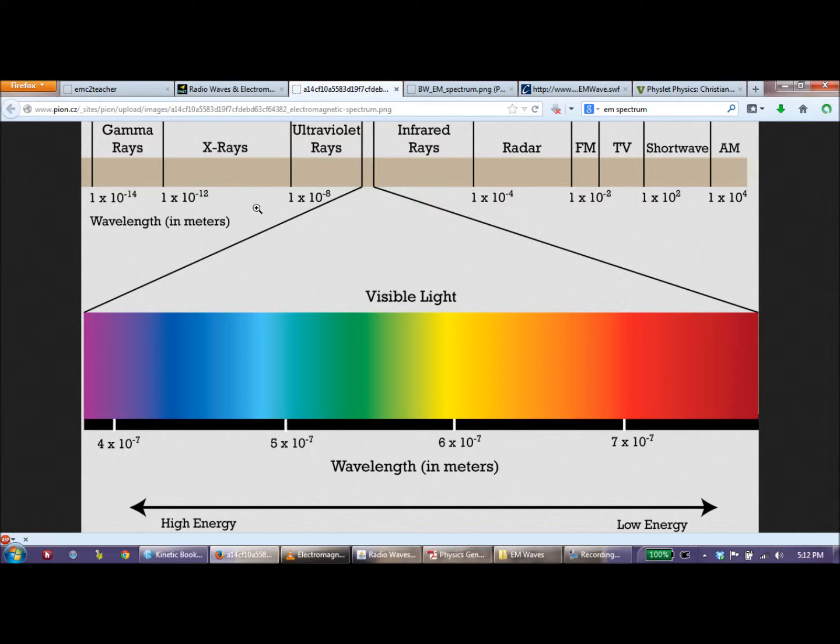We use things like X-rays and microwaves, which are in these ranges, all the time. You know, our radio waves down here on the right-hand side, radar.